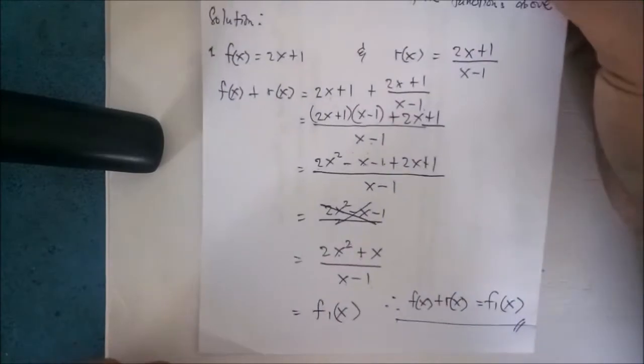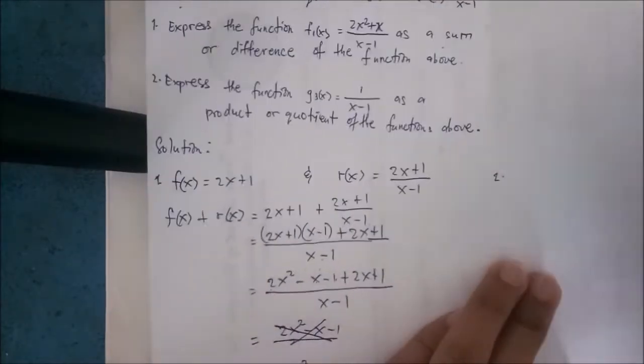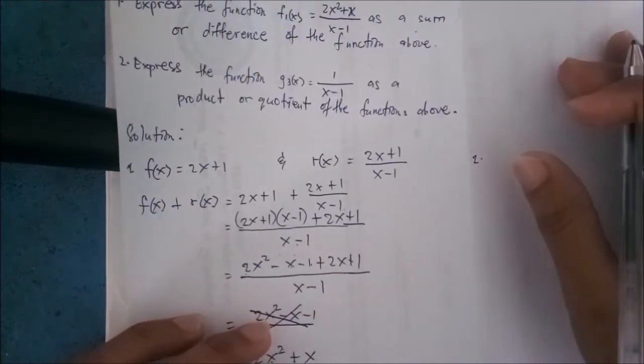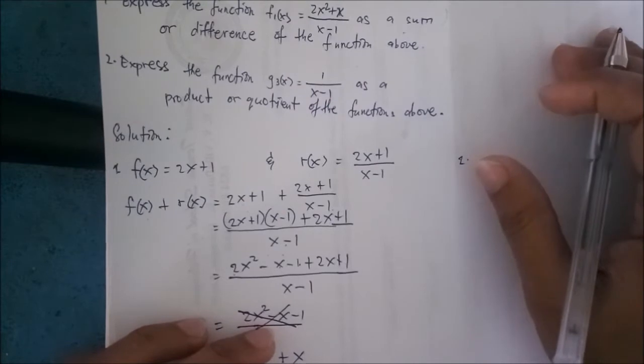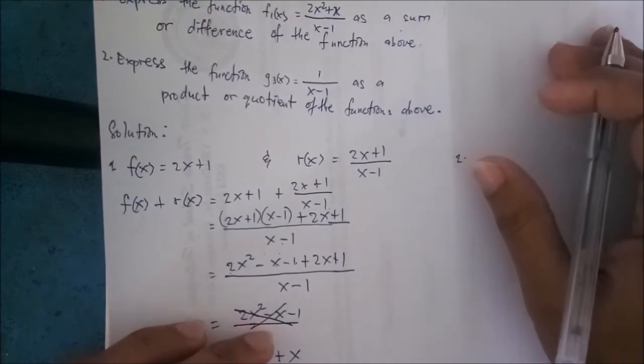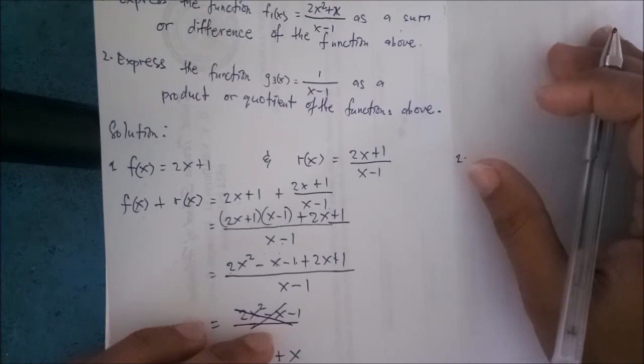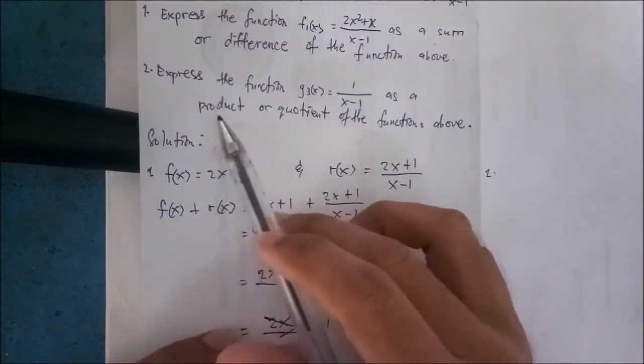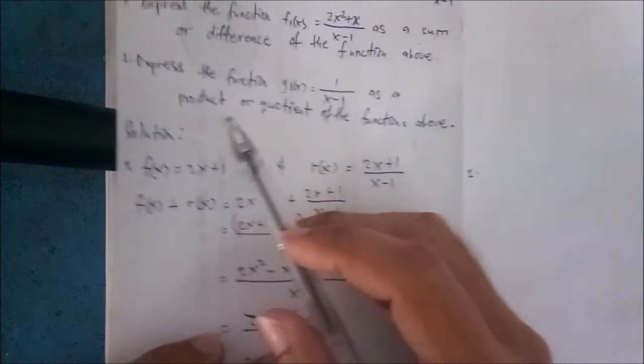Now let's proceed to number 2. From question number 2: express the function g sub 3 of x equals 1 over x minus 1 as a product or quotient of the functions above. What is product or quotient? Quotient is divide. Product is multiply.